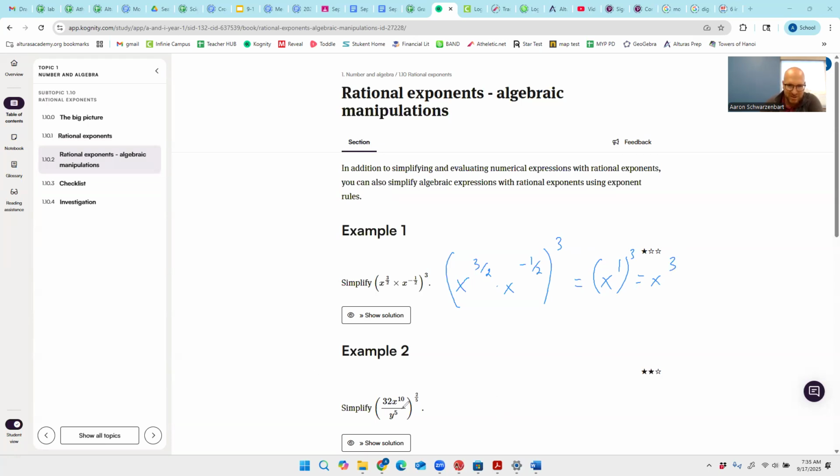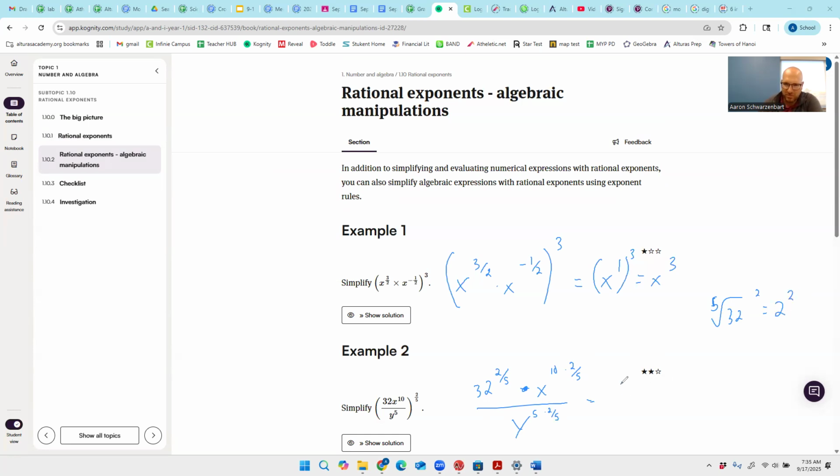The next one, 32x to the 10th, y to the 5th, all to the 2/5. So I have to apply that 2/5 to everything. 10 times 2/5 over y to the 5 times 2/5. 32 to the 2/5 is the 5th root of 32 squared. 5th root of 32 is 2.